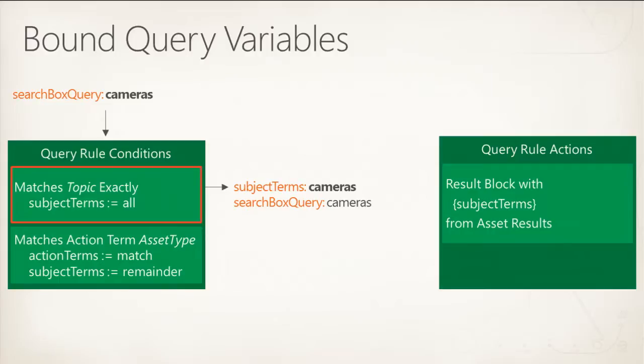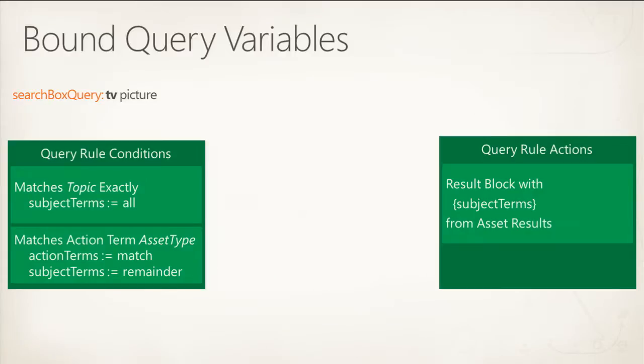Now it's going to get sent to the action, right? Because this is how the conditions and the action communicate. The action is just going to take whatever is in subject terms and send it along to asset results. So what goes to asset results? Just cameras. Now the user comes in and types TV picture. TV is the subject. It's what they're actually searching for. Picture is the action. How do you act on the subject?